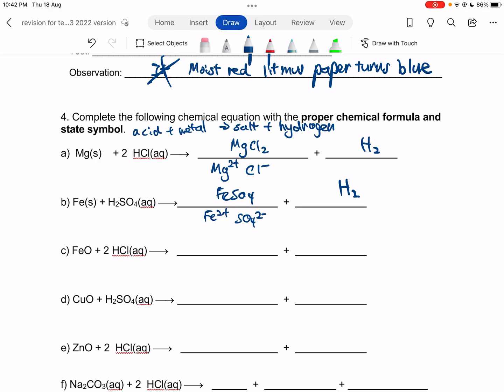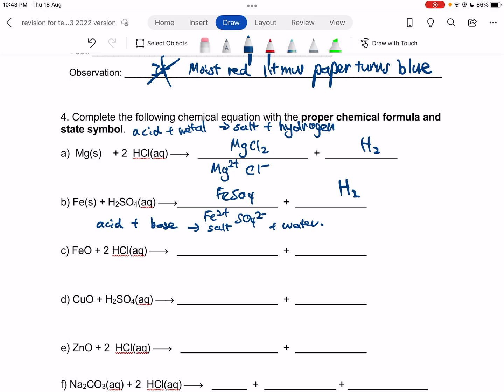Alright, so the next three we are looking at acid plus bases. It gives you salt plus water. Just like when you write the name, the first ion is from the base.